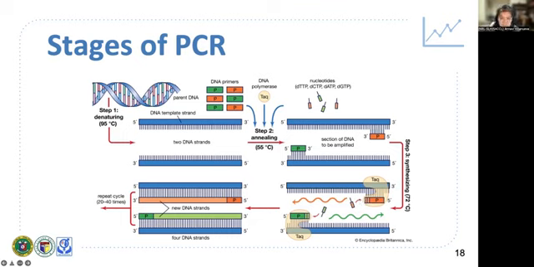Ayan. So, ina-extend ni Taq polymerase by adding your dNTPs. Like what I said earlier, the addition of your dNTPs is always complementary to the base that is present in your template strand. So, kapag A dito, ang ma-add is T.